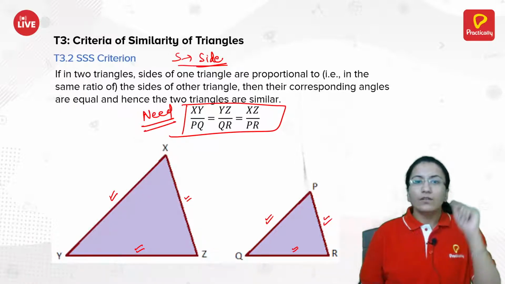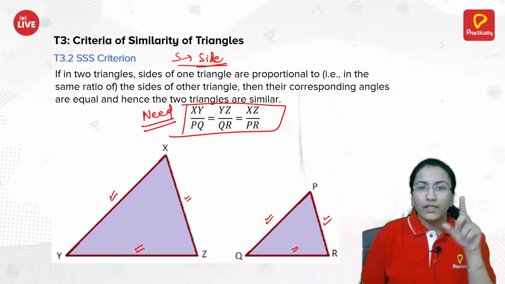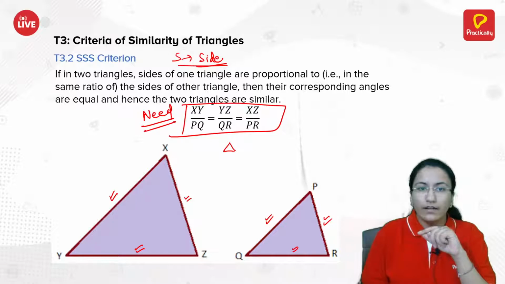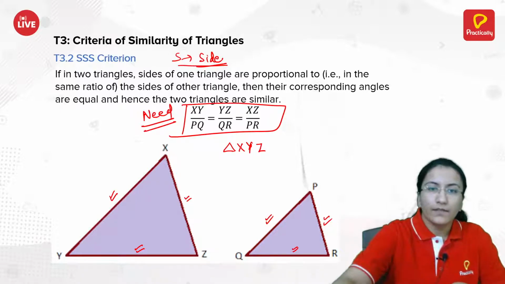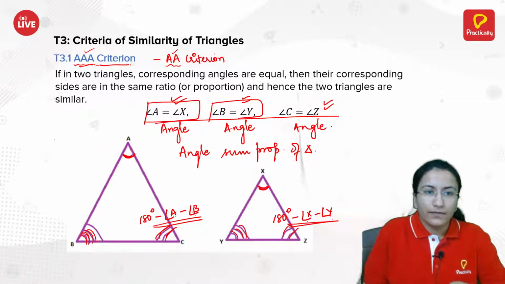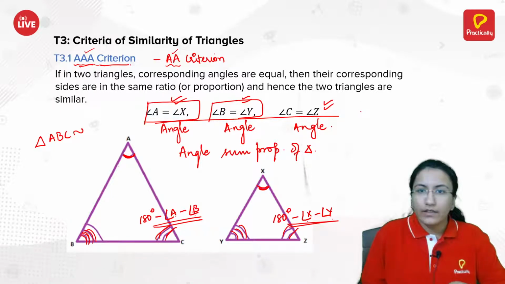And while saying the two triangles are similar, we need to write in ordered form. Suppose we write triangle XYZ. Even in the previous one, I'll write firstly triangle ABC. For similarity, you use this symbol. Like in congruence you use this symbol, this one was for congruence.